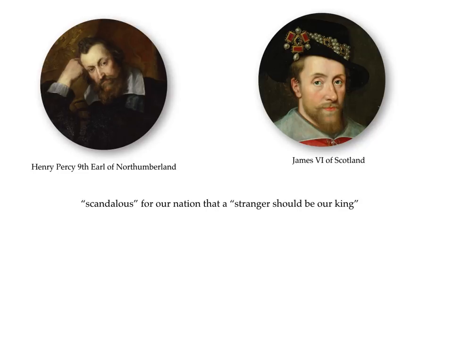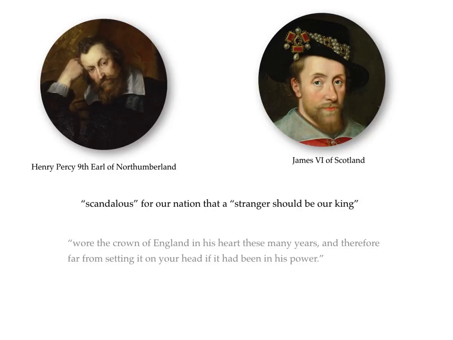In another letter, Northumberland states that Essex wore the crown of England in his heart these many years, and therefore far from setting it on your head, if it had been in his power. The implication is that Essex planned all along to take the crown for himself, or indeed to give it to Henry Rosalie.